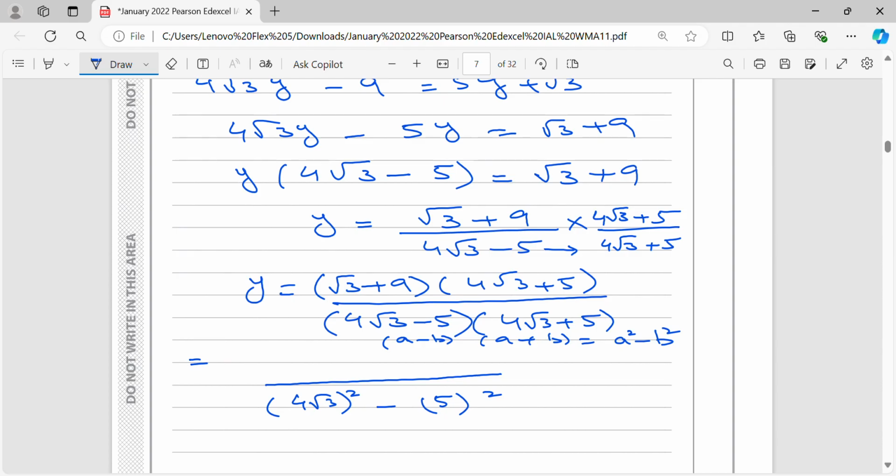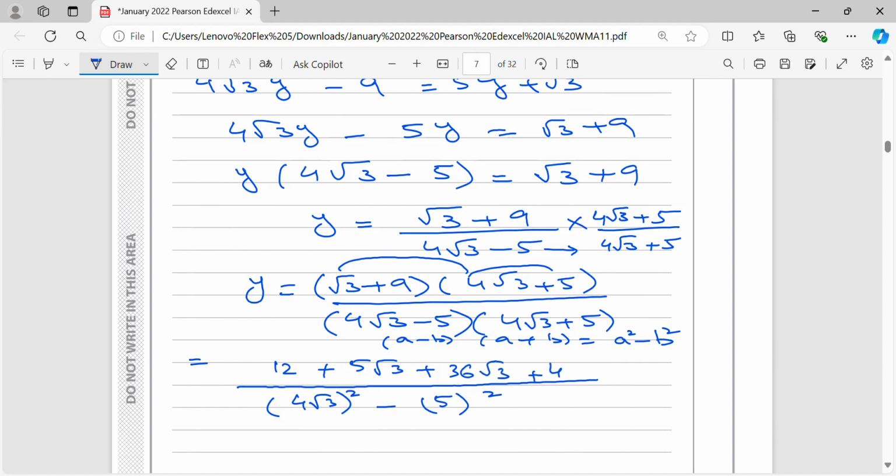In the numerator, definitely I'll multiply it. So 4 root 3 times root 3 is 4 times 3 is 12. And same, I multiply by 5, so that is 5 root 3. Plus 9 times 4 is 36 root 3, and 9 times 5 is 45.